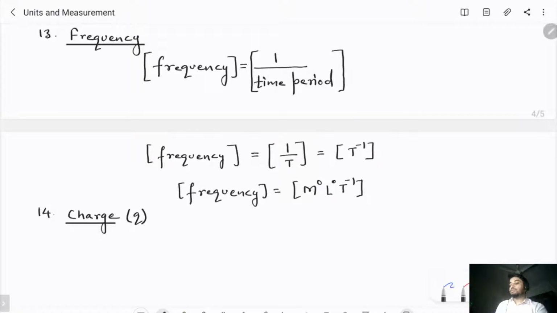So we have to write charge in terms of electric current. So electric current is basically the amount of charge flowing through a cross section per unit time. So we have a formula for this.